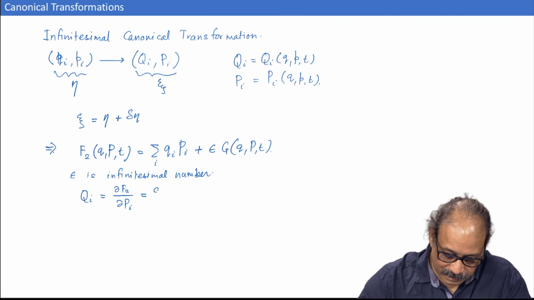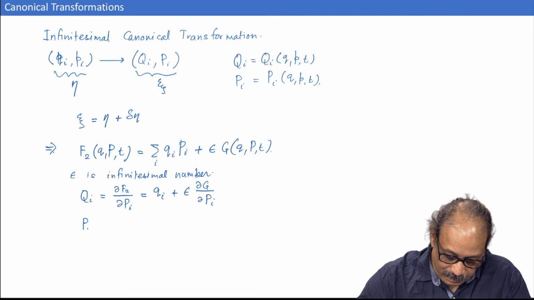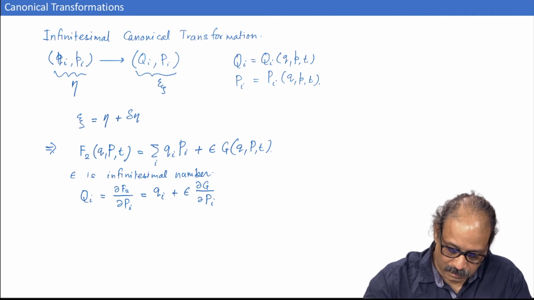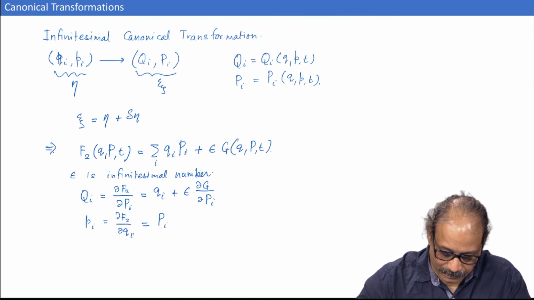And this immediately gives you q i plus epsilon times del g over del P i. Okay. And for the other one, capital P i, the small p i will be equal to del f2 with respect to q i, and this will give you capital P i plus epsilon times del g over del q i. Okay.